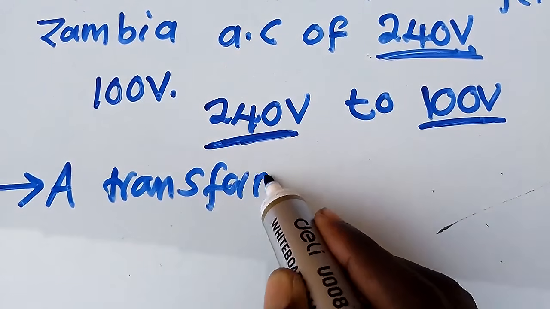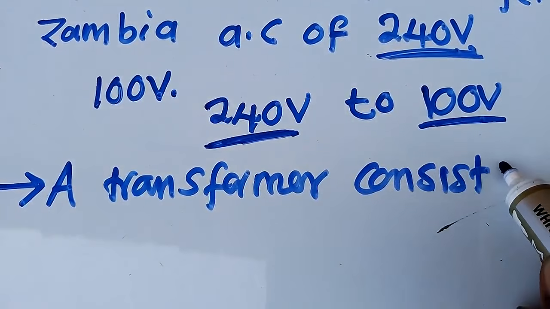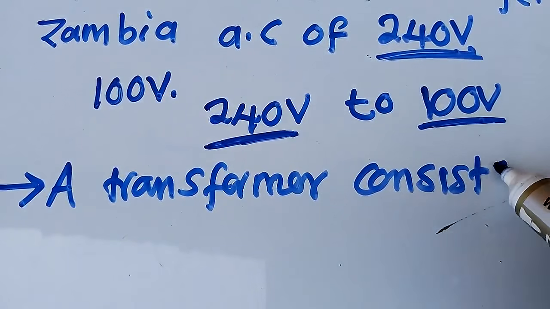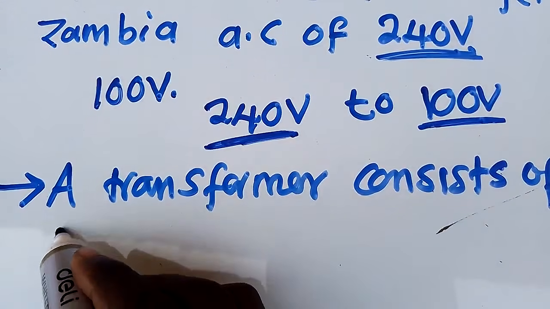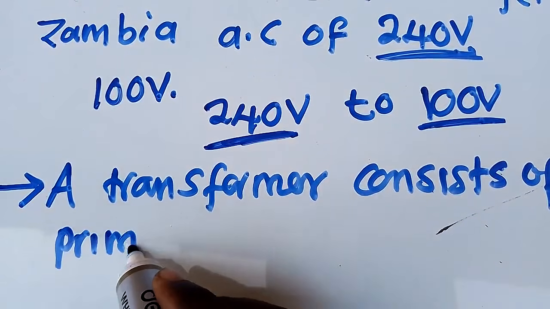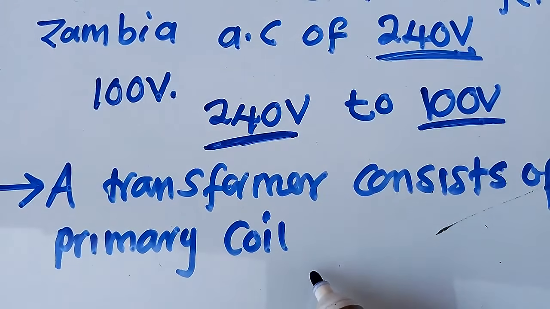A transformer consists of what we call the primary coil. This is what you need to know and understand.